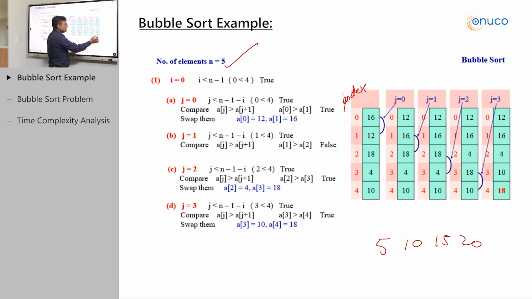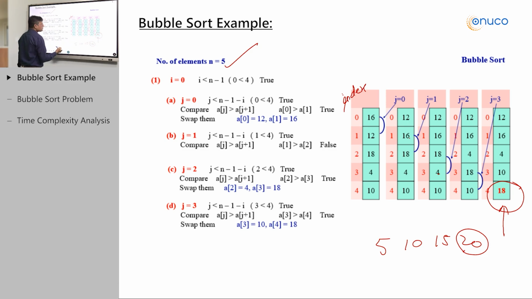After swapping, we can see that 18 is the largest element among the given input, and 18 bubbled out and went to the last position of the array. Once we are done with this, it is called one iteration. So one iteration is completed, and the largest element is shifted to the last position, just as in 5, 10, 15, 20 the largest element 20 goes to the last position. So 18 came to the last position.